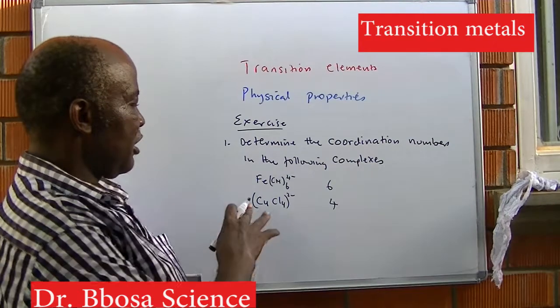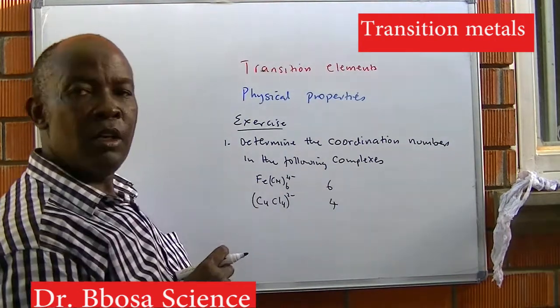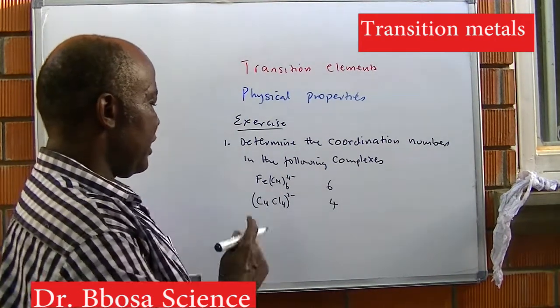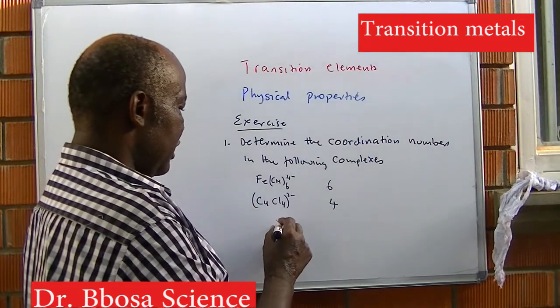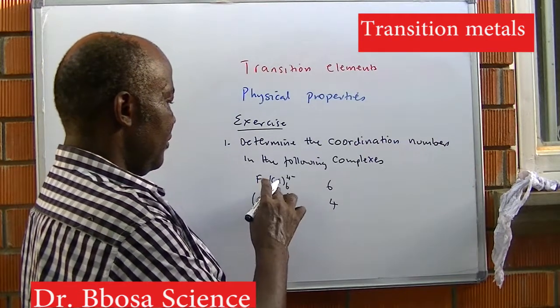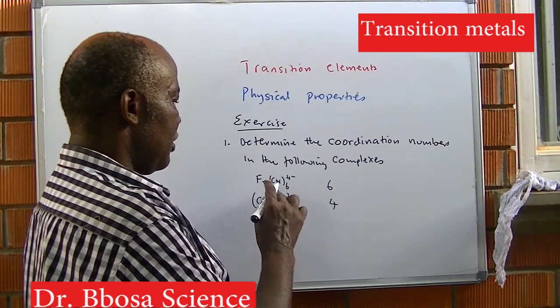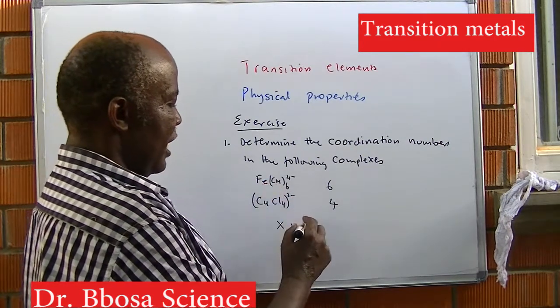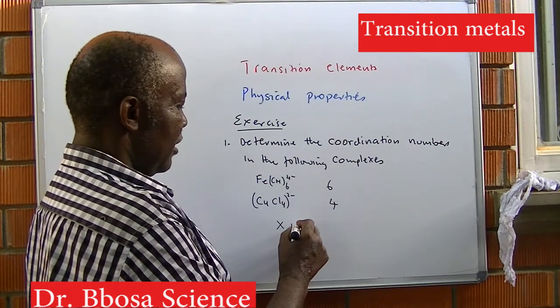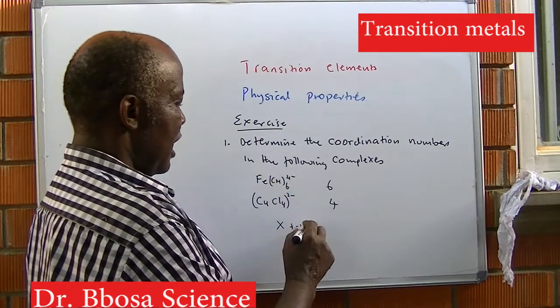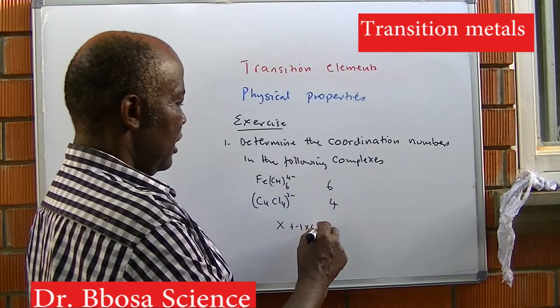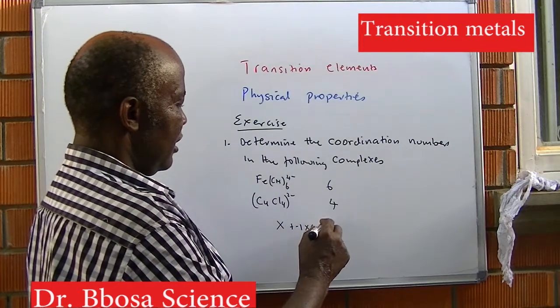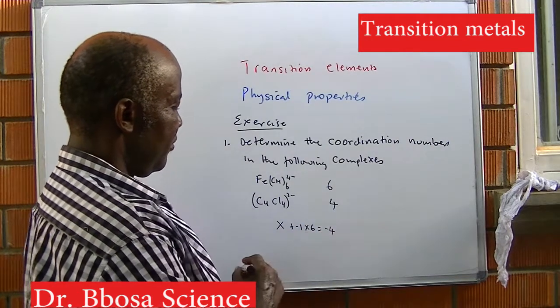They can ask you the oxidation state of iron in this complex. The oxidation state of iron is X. The oxidation state of each cyanide ion is -1. There are 6. The overall charge is -4.